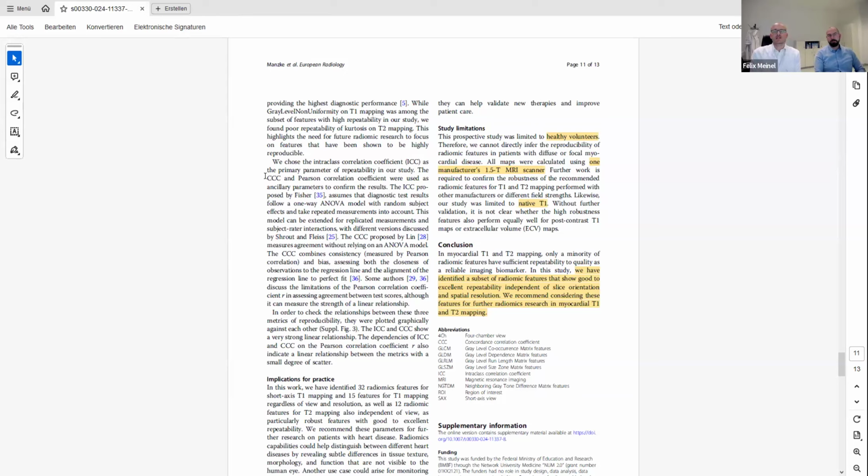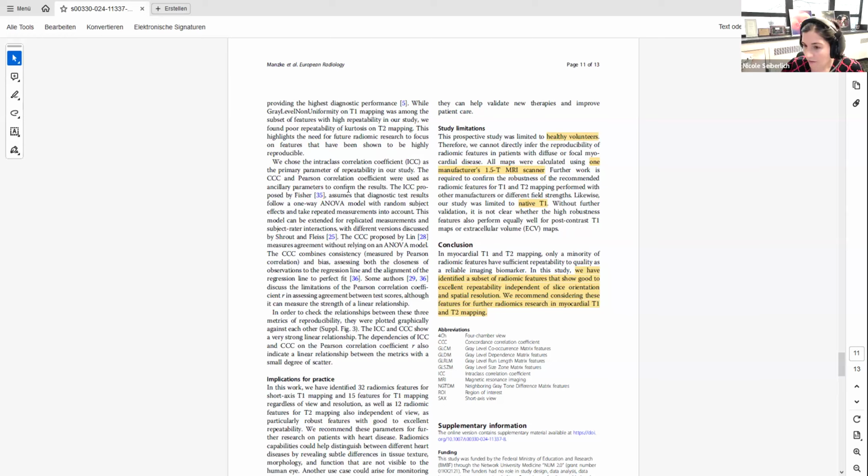That was a paper that we published, I think 3 years ago. Benjamin Böttcher was the first author on that paper. And from the same cohort, we looked at the regional reproducibility and found that there are indeed regional differences between the reproducibility of the mean T1 and T2. But this paper basically focused only on the reproducibility of radiomic features.